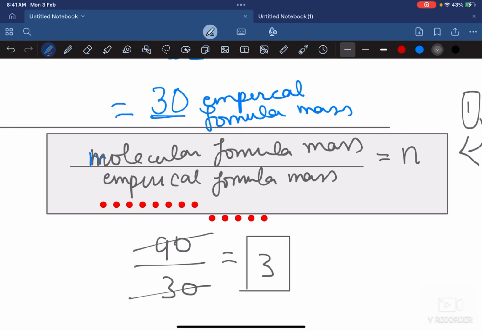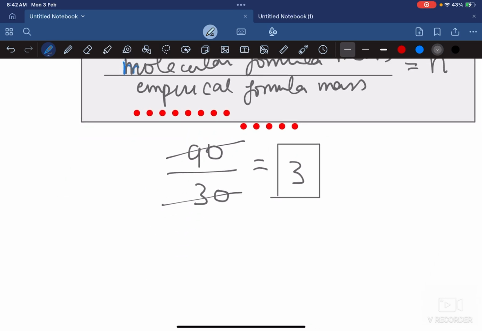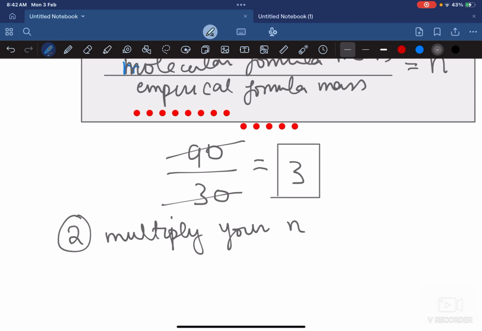Now we figure out the value of n. Now according to the steps I've told you, the next step is multiply. I'm writing step number 2. Multiply your n value with your empirical formula.